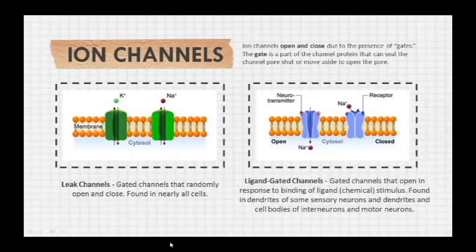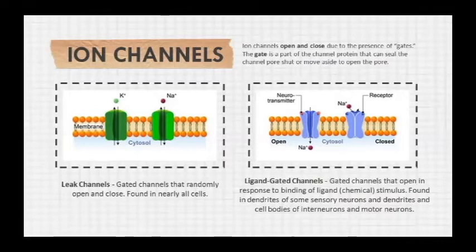This time, in the nervous system or in our neurons, there are four kinds of ion channels. The first one is the leak channels, which are gated channels that randomly open and close and are found in nearly all cells. These leak channels just randomly open and close. They do not need a specific ion, ATP, or chemical substance to open or close.